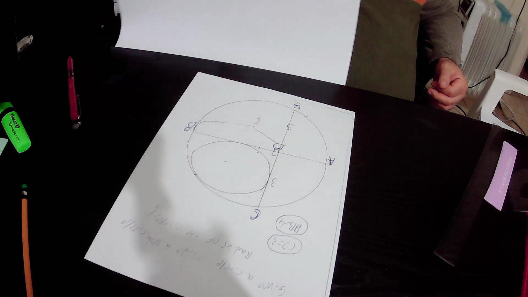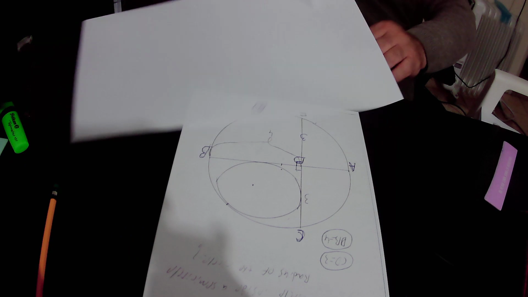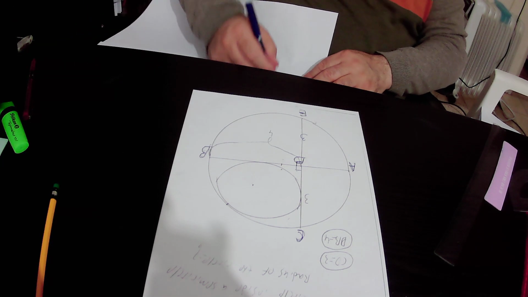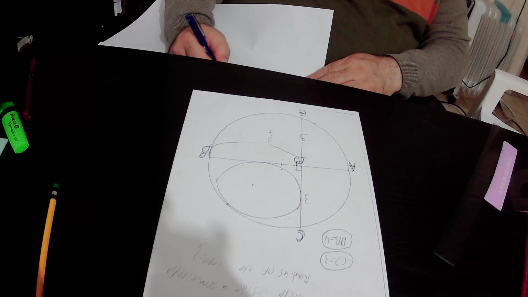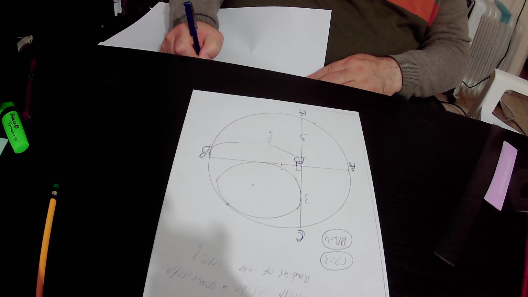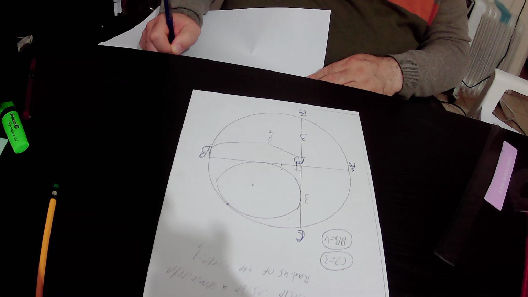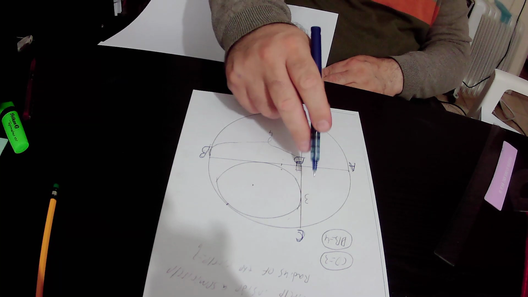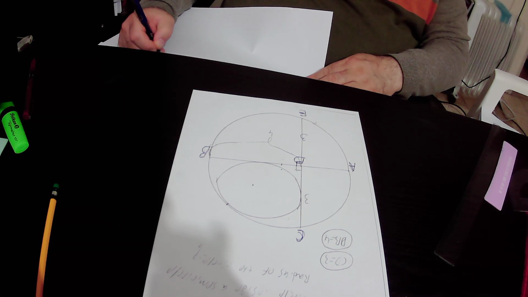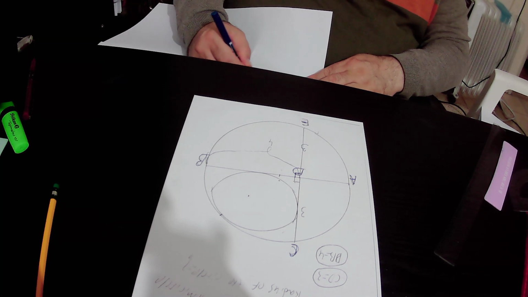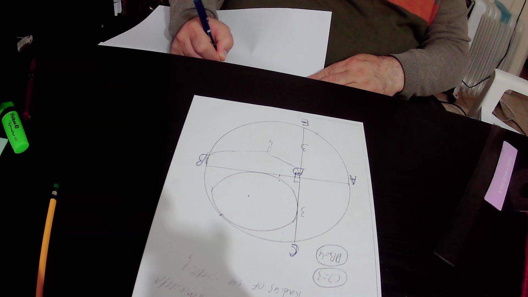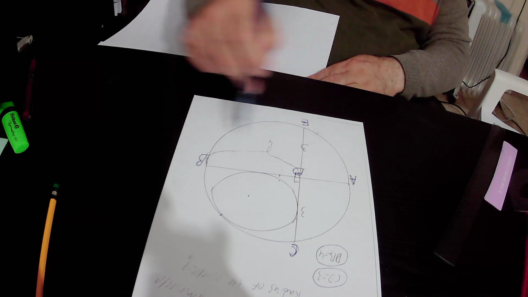I write it down. Chord AB intersects with chord CE at point D. Point D is the intersection point of chord AB with chord CE.